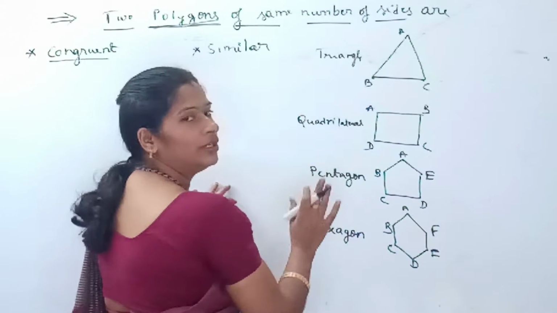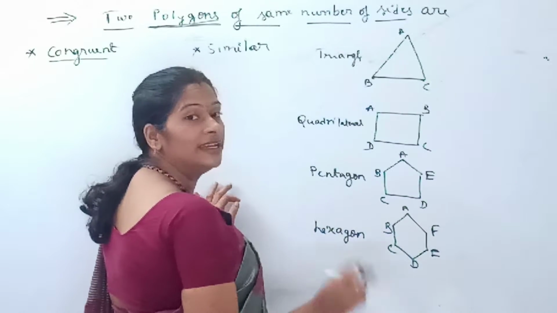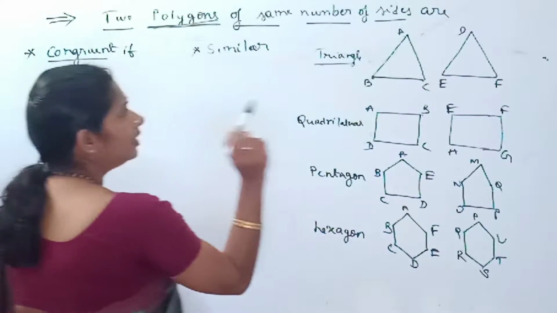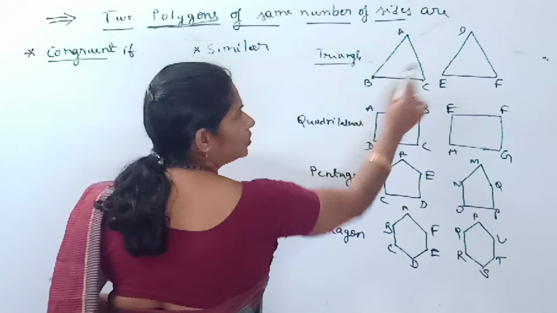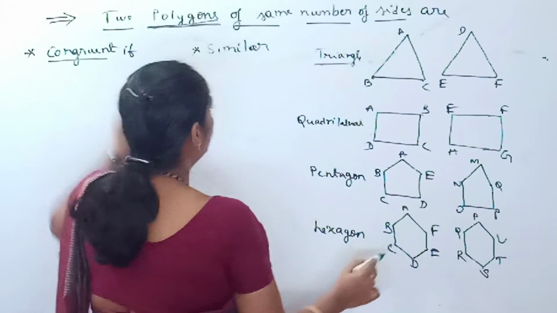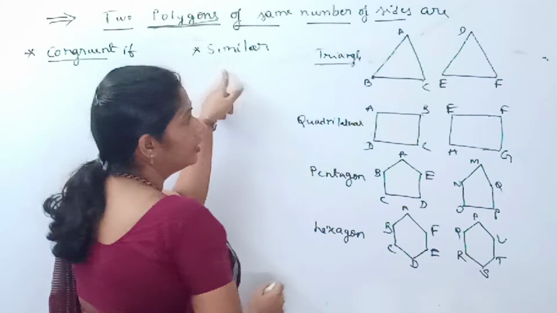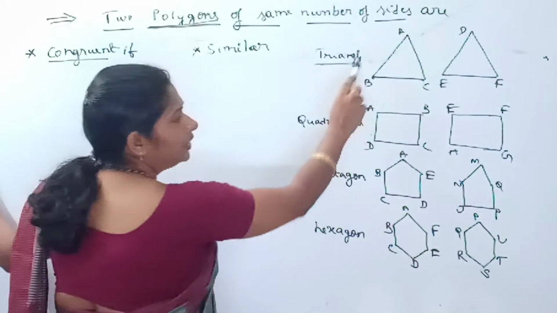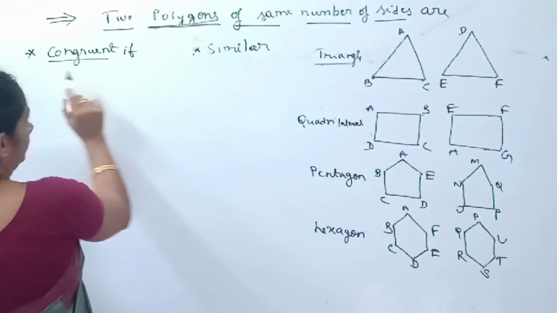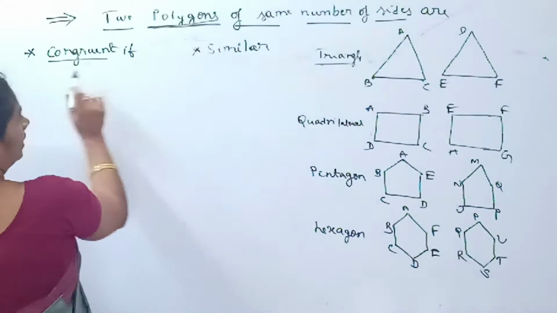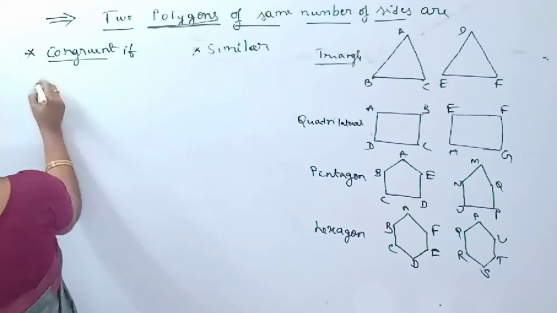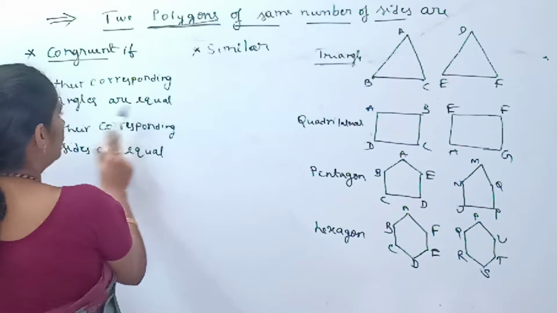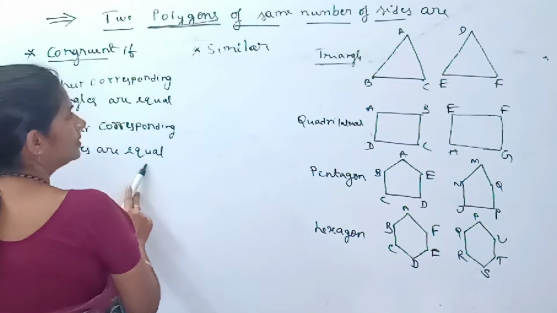If a polygon has n number of sides, then it is called an n-gon. Now, when can we say that these two polygons are congruent and similar? Any two polygons of same number of sides are congruent if their corresponding angles are equal and their corresponding sides are equal.